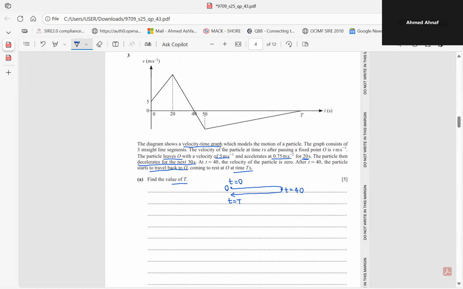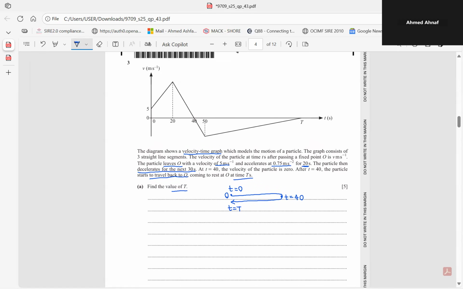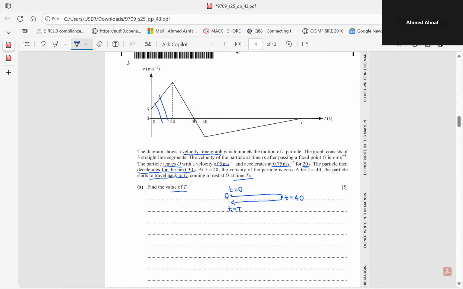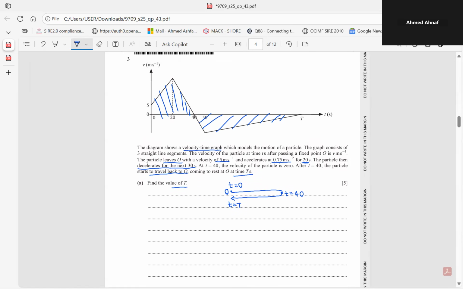To find the distances traveled between these times, we can just find the area under the velocity time graph, because the area under the velocity time graph gives us the distance traveled in that time interval. So we can just equate these two shaded areas. Let's find this area first.